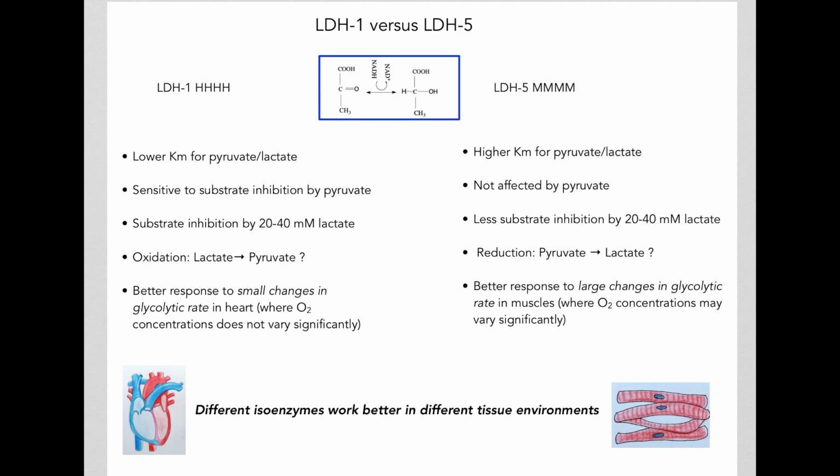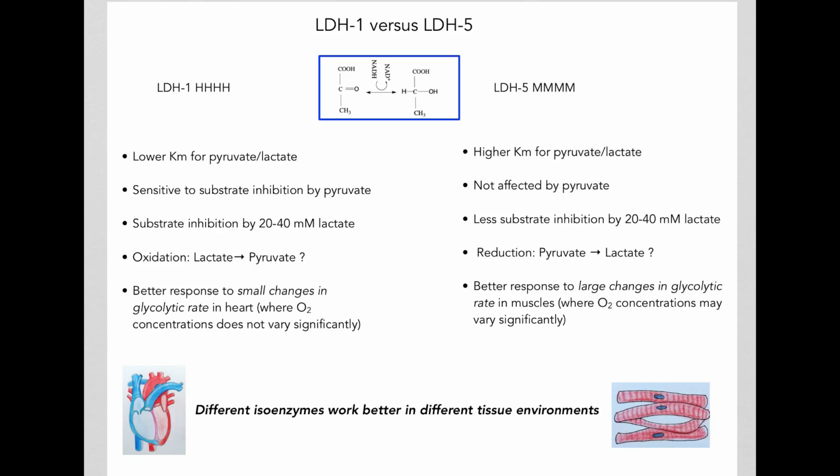As mentioned before, they catalyze the same reaction. However, LDH1 has a lower Km for pyruvate and lactate compared to LDH5. LDH1 is sensitive to substrate inhibition by pyruvate. However, LDH5 is not affected by pyruvate.